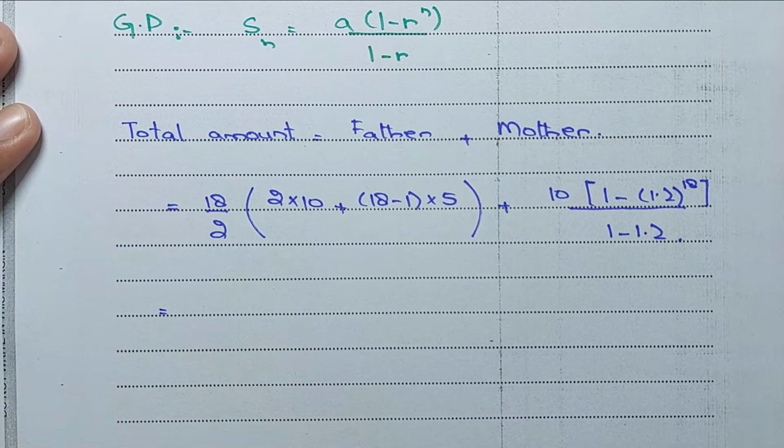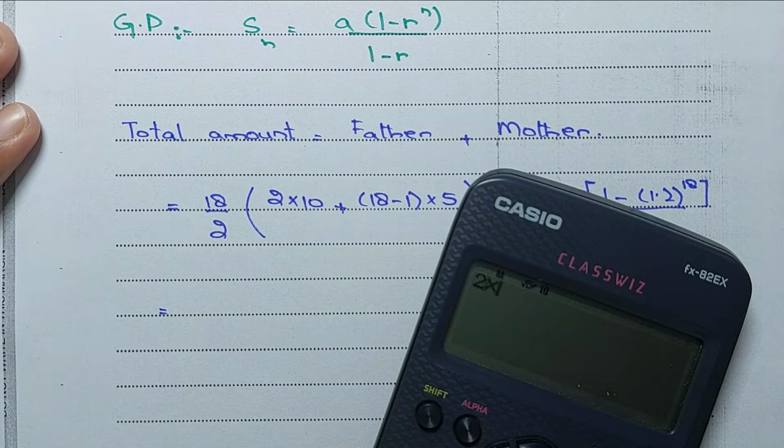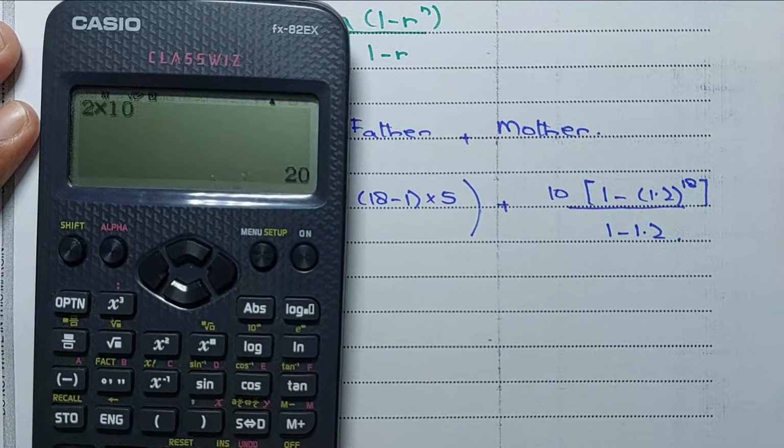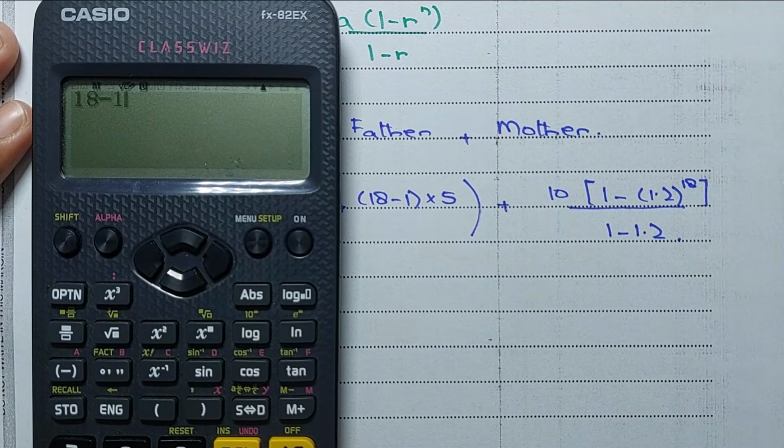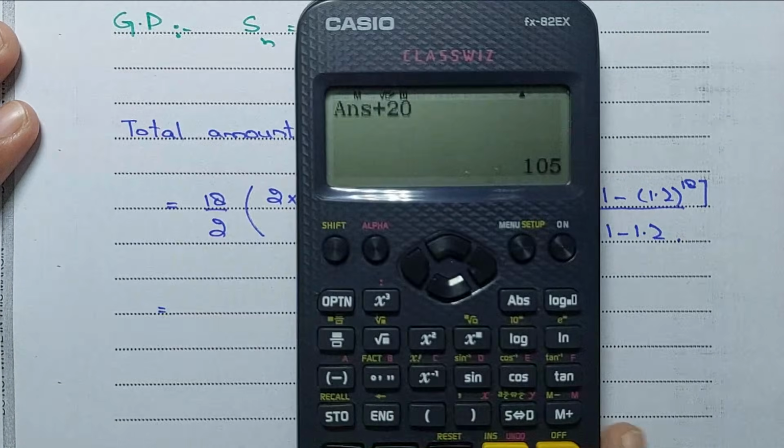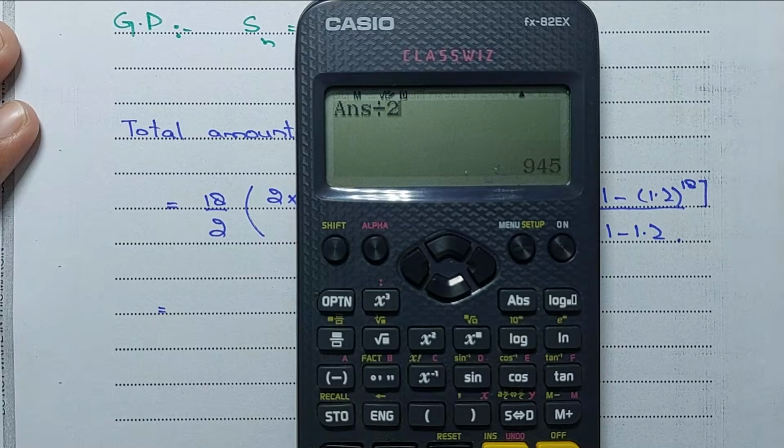Let me simplify it further. 2 times 10 is 20, and 18 minus 1 is 17.